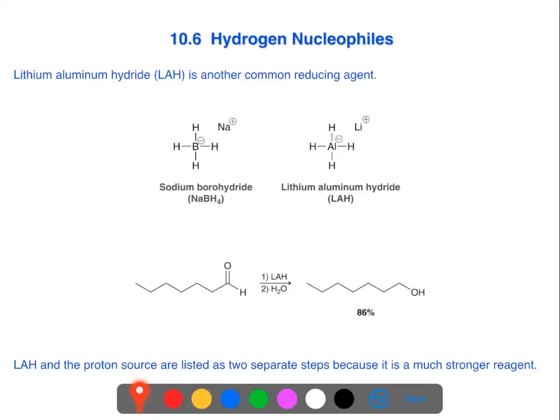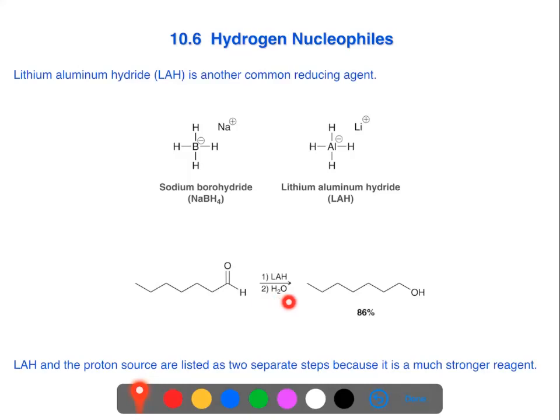So you'll notice that when we draw our reaction conditions, we introduce the lithium aluminum hydride in a first reaction, and it will generate the alkoxide intermediate. Only after we've given that reaction sufficient time to carry out the transformation to that intermediate would we slowly add in our polar protic solvent.